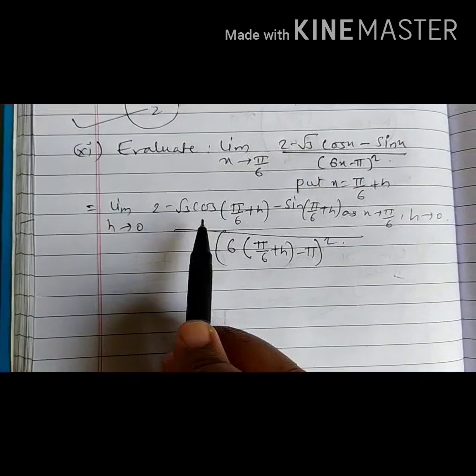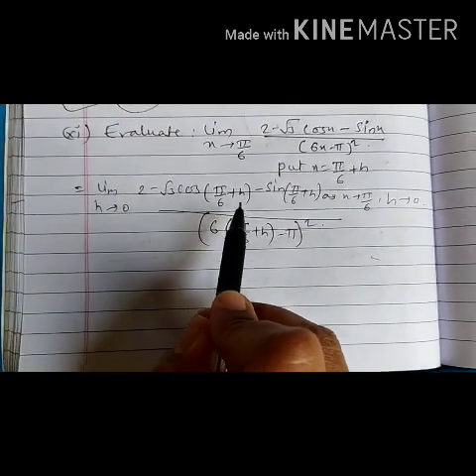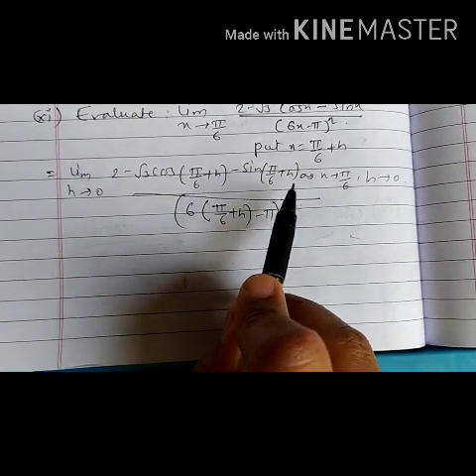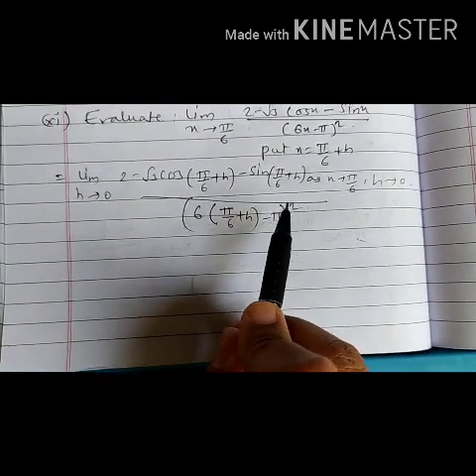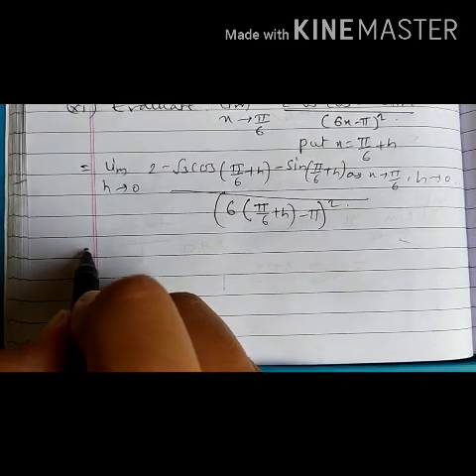Now students, we know that cos of (a plus b) is cos a cos b minus sin a sin b, and sin of (a plus b) is sin a cos b plus cos a sin b. So we'll use this form.